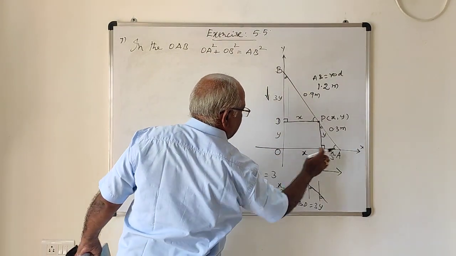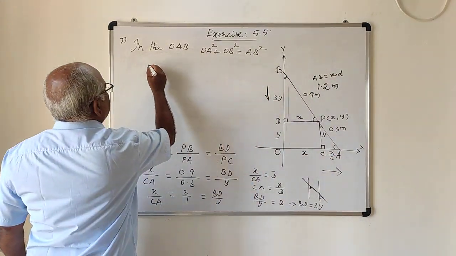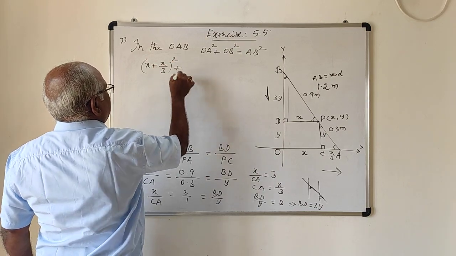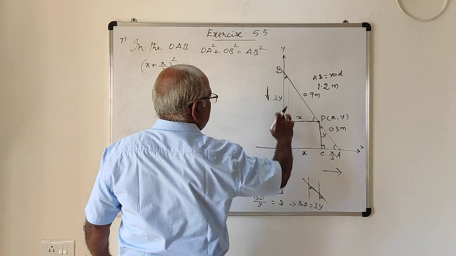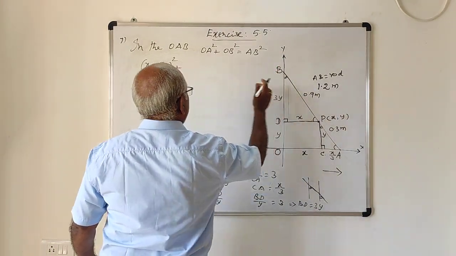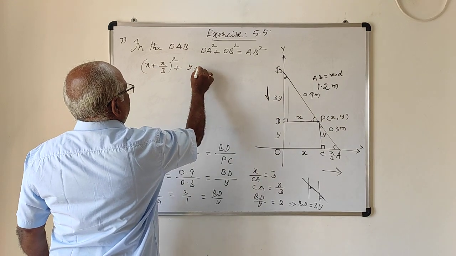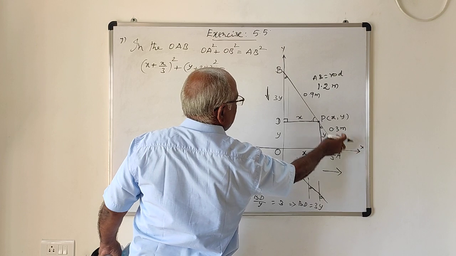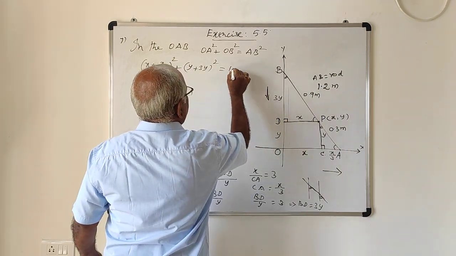OA, what is OA? X plus X by 3. OA square is X plus X by 3 whole square, plus OB square. OB is OD plus DB, Y plus 3Y, whole square equals AB square. AB square is 1.2 square.